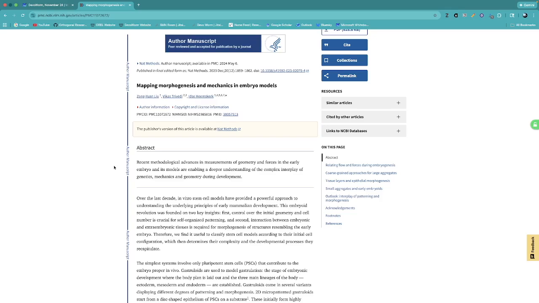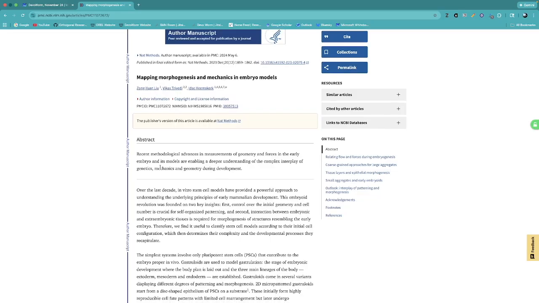So they're actually interested in cell differentiation in these multicellular structures that are differentiating and have some shape that we can describe, but also is due to geometry and forces. So you could say that they're kind of picking up the D'Arcy Thompson legacy, but casting that in a modern way. So the abstract: recent methodological advances in measurements of geometry and forces in the early embryo and its models are enabling a deeper understanding of the complex interplay of genetics, mechanics, and geometry during development.